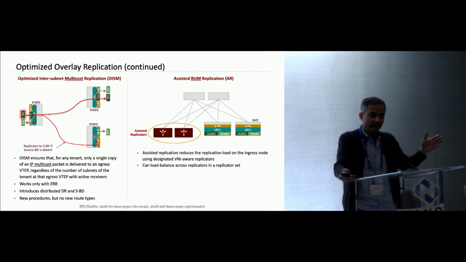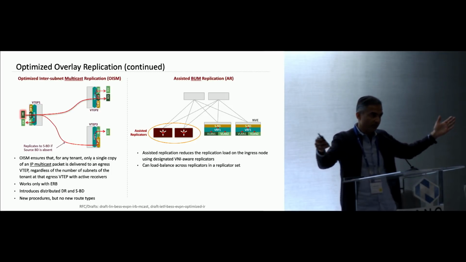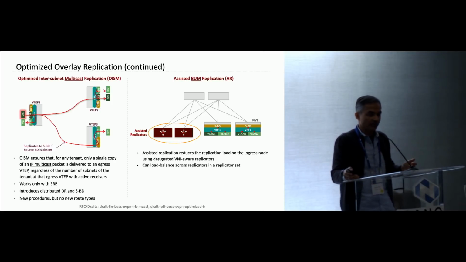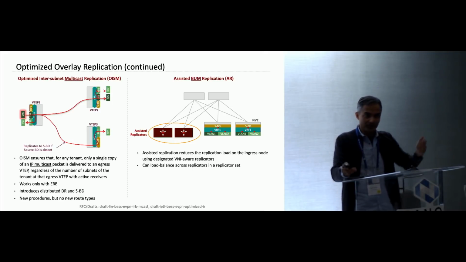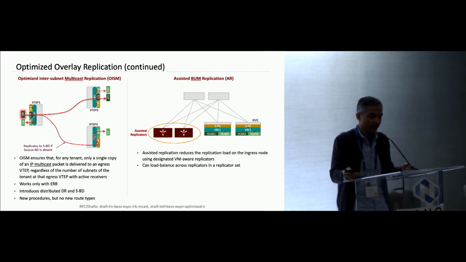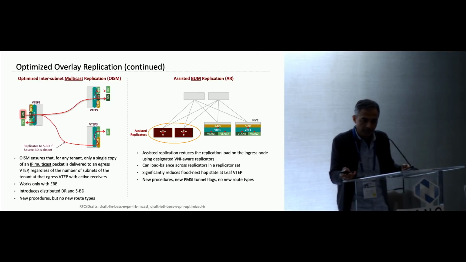You can have multiple replicators, so your ingress VTEP can load balance across that set. If one of the replicators goes down, it just uses the remaining replicators. Again, new procedures, a new PMSI tunnel flag, but otherwise no new route types.